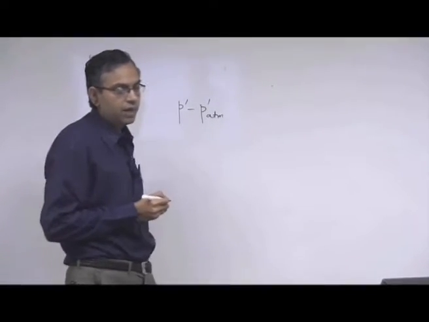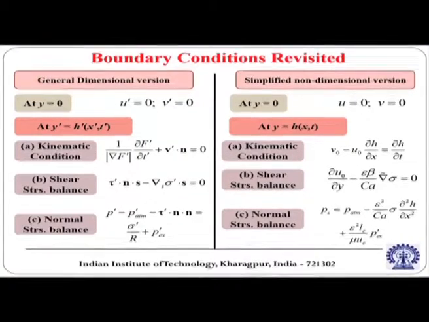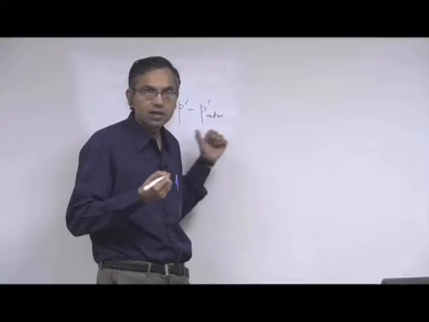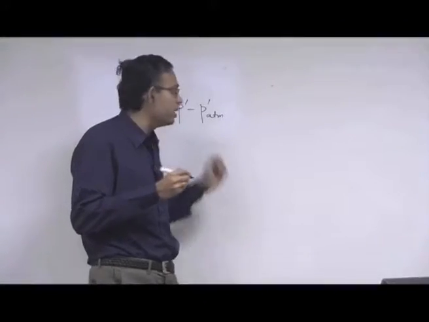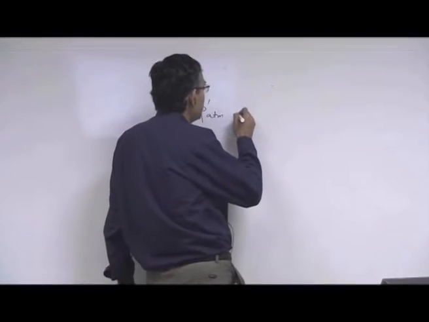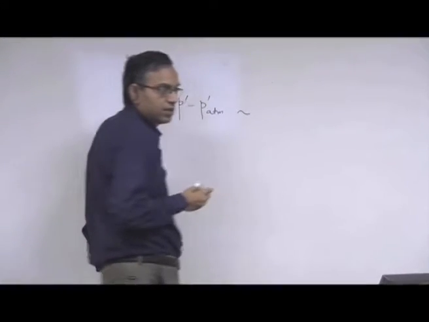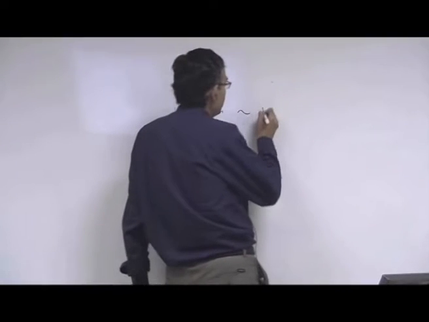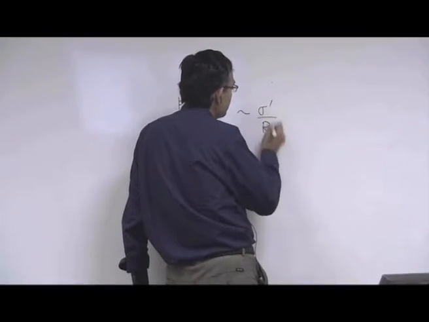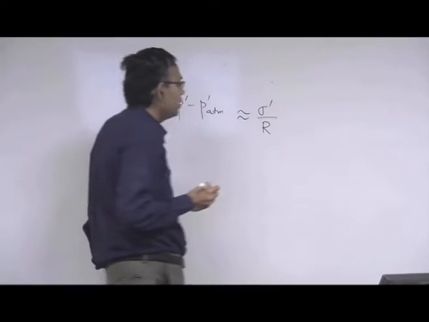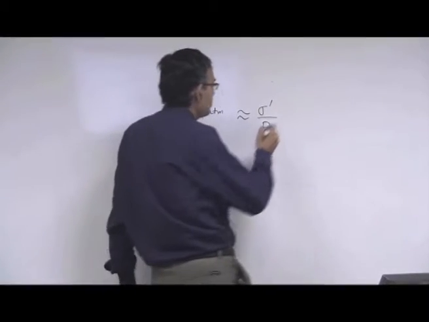We have seen that the minus tau dash dot n term will be one order less important as compared to the P minus P dash term. So we will just keep this as it is, and this will be roughly sigma dash by r.